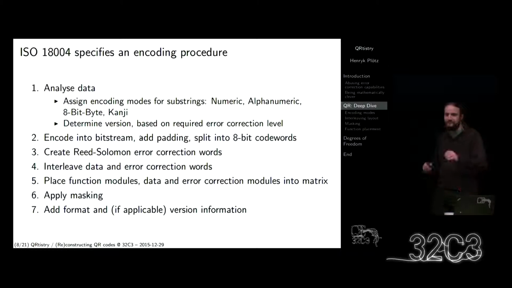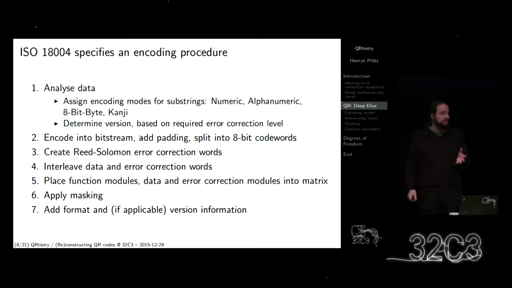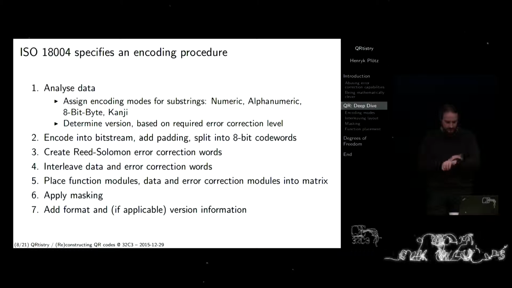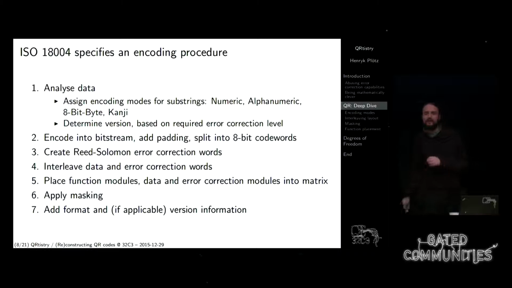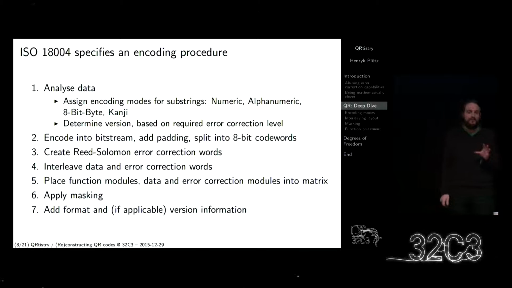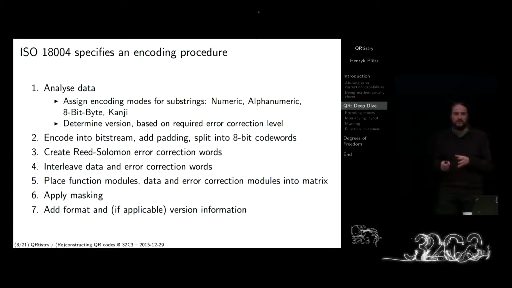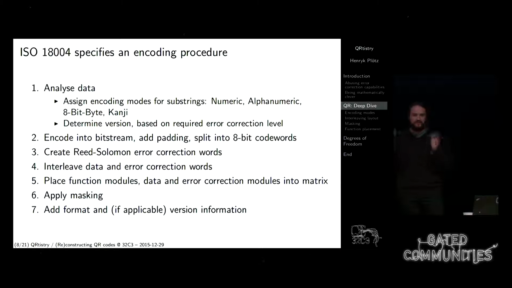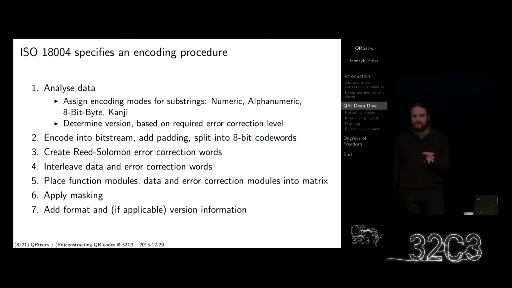This is then encoded into a bit stream. Padding is added. As you will see later, all the encoding switching is done in 4-bit units. Everything is bit-based. Lengths are sometimes 9 bits long, sometimes 11 bits long.